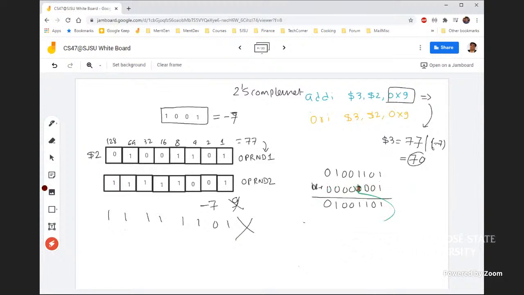So in this case, we need to put zeros in these positions. Let me delete this and just replicate some zeros over here.